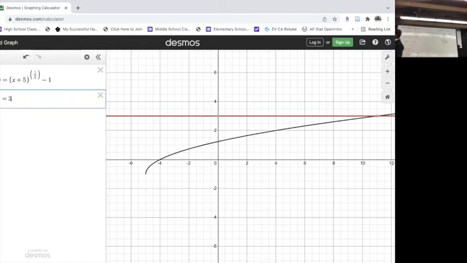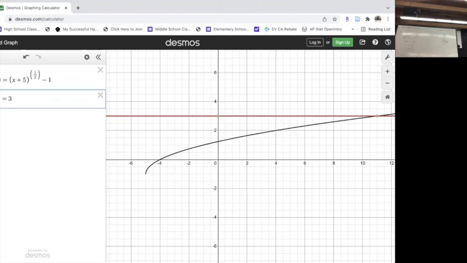Between 10 and 12, what number is that? This is 10, this is 12, and this is right here. That's 11, right? What do we have? X equal to 11. That's what it means.